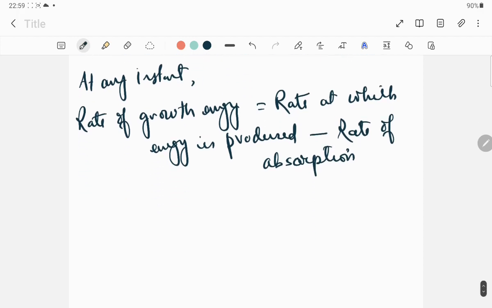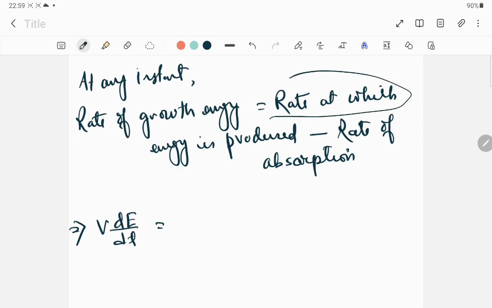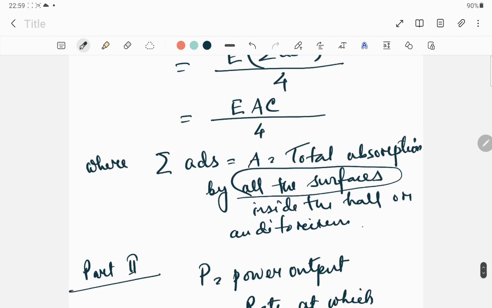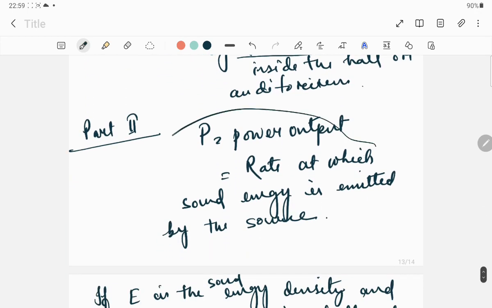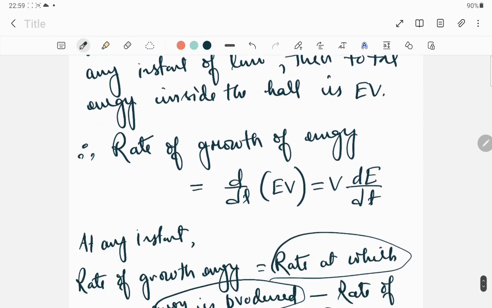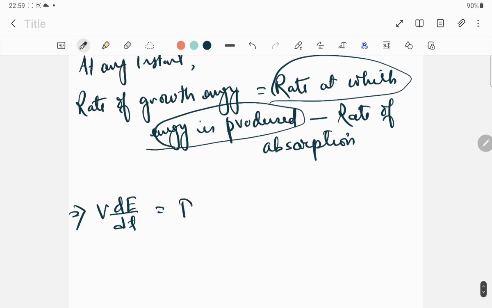It's a very simple principle. So rate of growth of energy already we got, it is V into dE/dt. The rate at which energy is produced, that we have already discussed, is nothing but P. So that is equal to P.